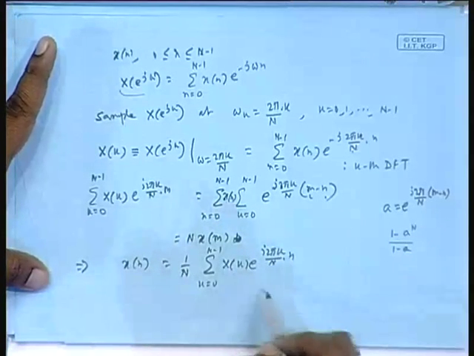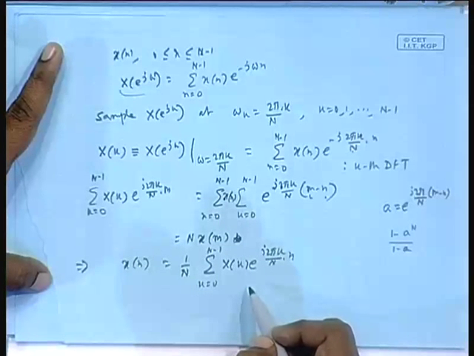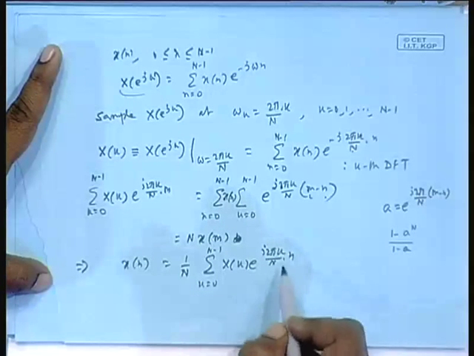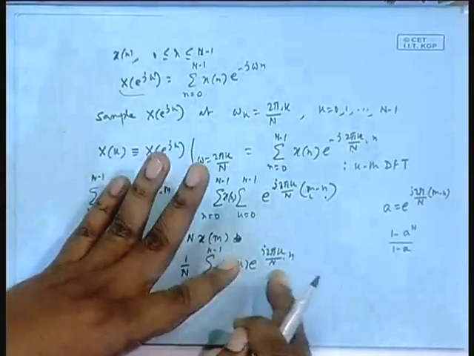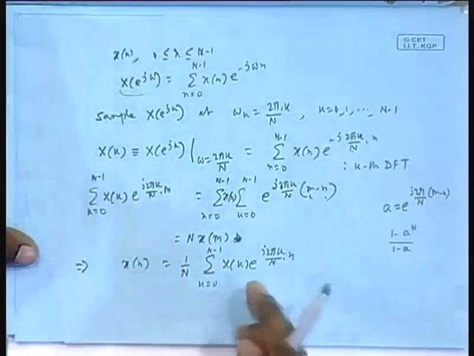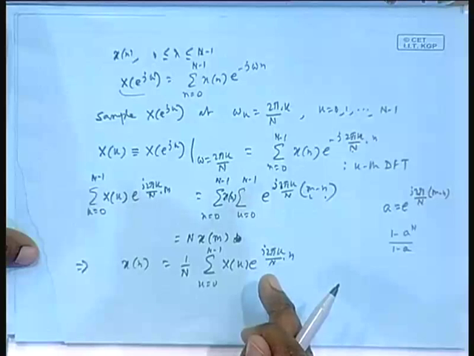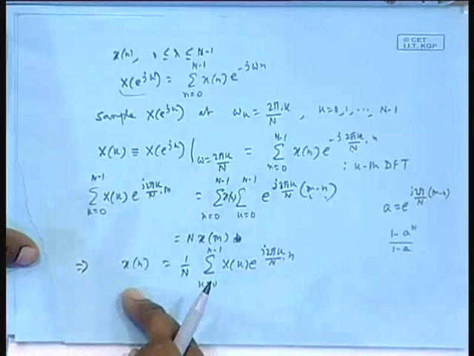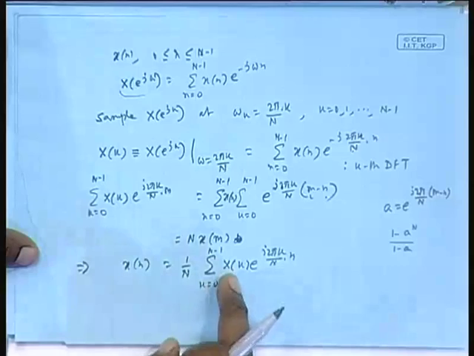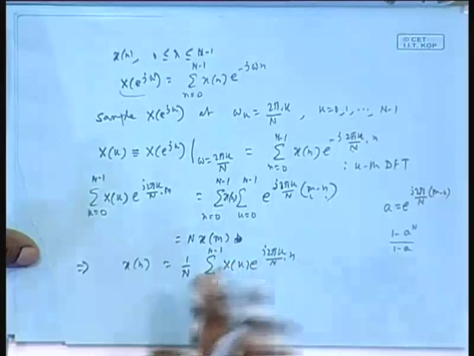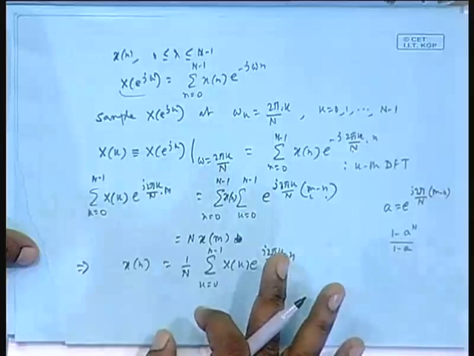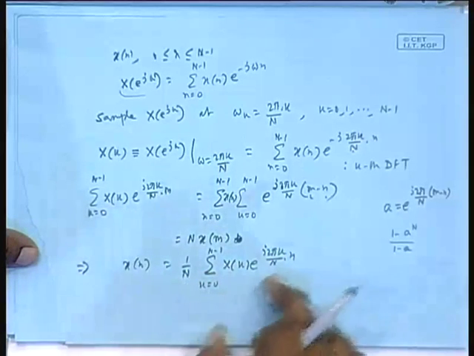So it's a linear combination of some basic sequences. One sequence is for K equal to 0, another for K equal to 1, like that. Their linear combination gives any x n. Only the coefficients carry the information about x n. This is the vector space treatment, which we will study later, that any x n can be written as a linear combination of some basis sequences.